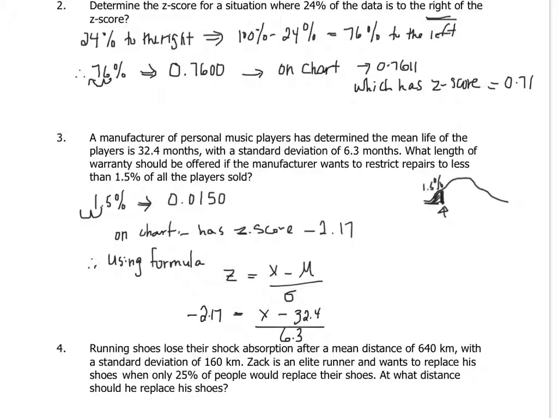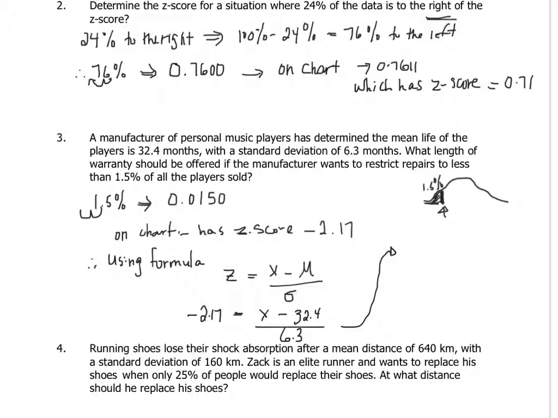So we're trying to figure out how many months we should have as our warranty, so that the z-score that goes with that months is negative 2.17, and that would mean that only 1.5% would last any less than that particular time.